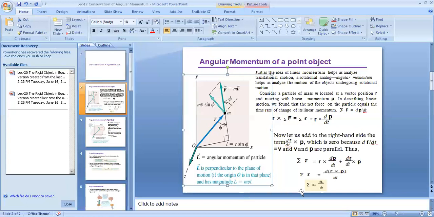And from this equation, we can see that the direction of tau is the same as the direction of angular momentum.